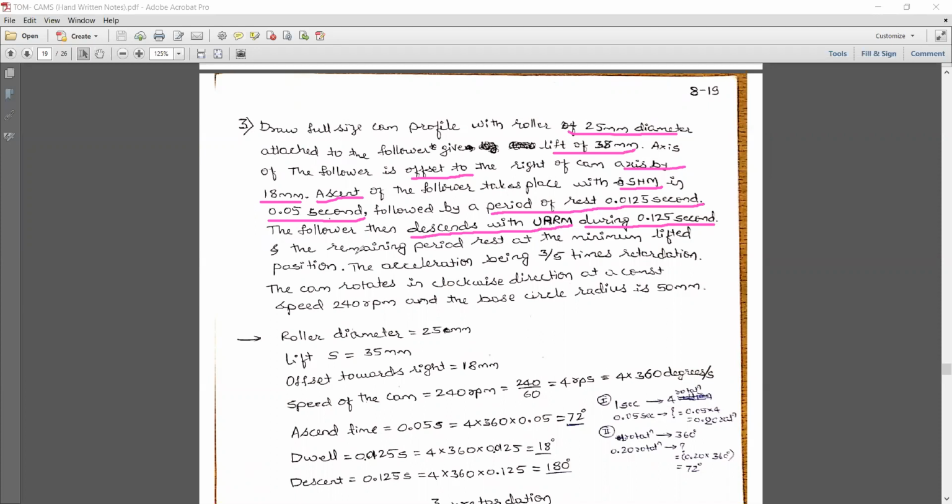Okay. The remaining period it rests at the minimum lifted position, means wherever it reaches at this point, it will remain at rest for the remaining period. So now it's a very important point.